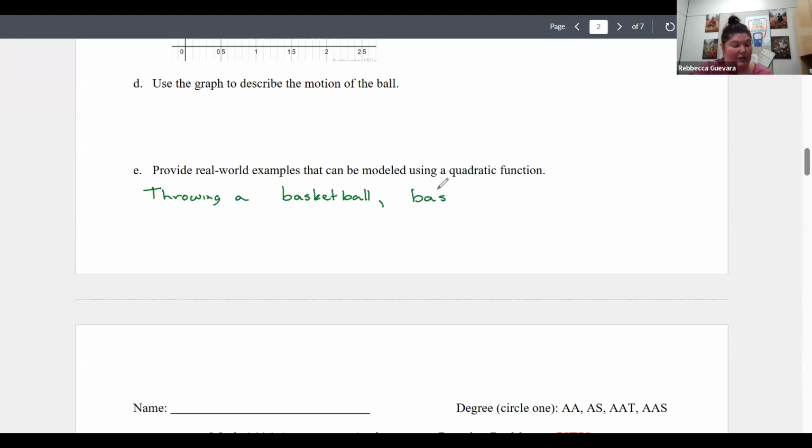Anything that we do with projectiles, or you can think of missiles. There are other situations too, because sometimes we look at functions that try to find maximum profit. So sometimes maximum profit functions will also have the same shape. It would be something that we can model as a quadratic function.